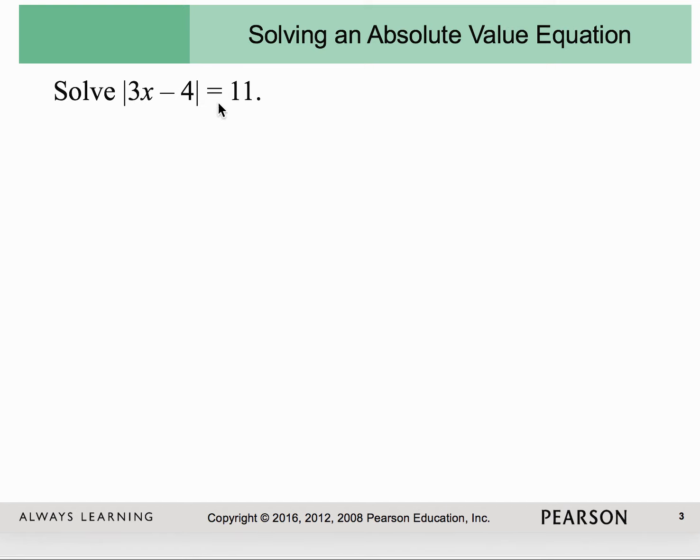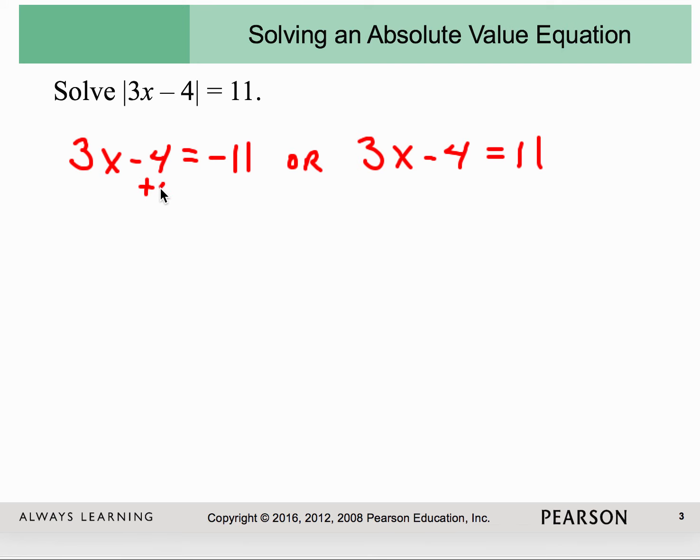If I have an equal sign, then after I isolate the absolute value, I just put whatever's inside the bars equal to the negative number and equal to the positive value. That's it. And then solve each equation, of course.